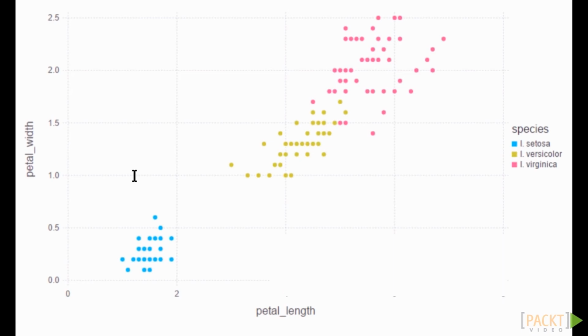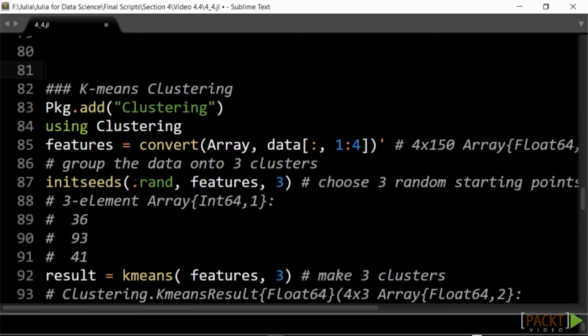To further test this, we use k-means clustering, which aims to partition n observations into k clusters. Each observation belongs to the cluster with the nearest mean, serving as a prototype of the cluster. For this, we need the clustering package.